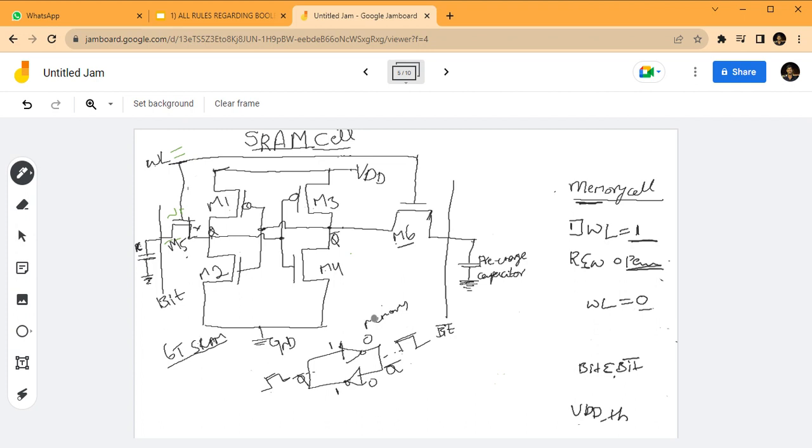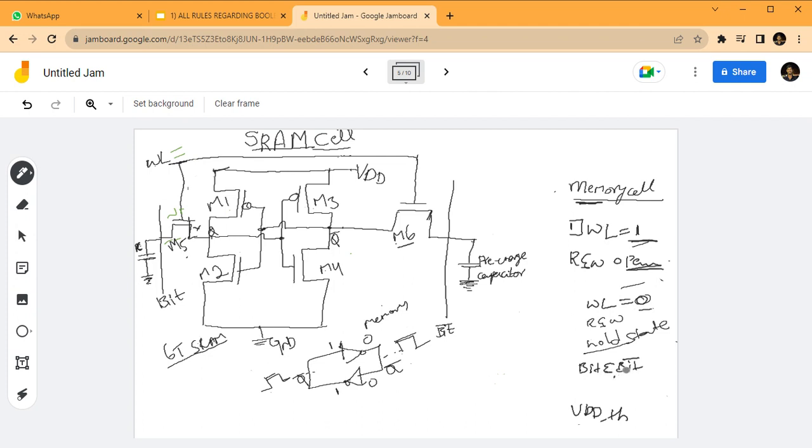The NMOS will be on when the input is 1, then read and write operations will be possible. When the word line is 0, there is no read or write operation. Therefore, it is in the hold state.